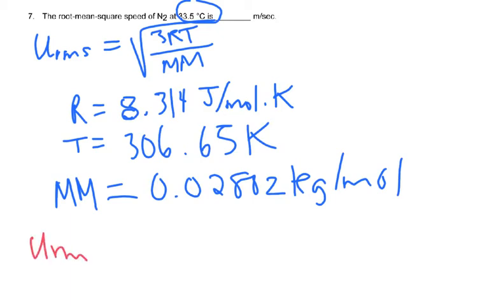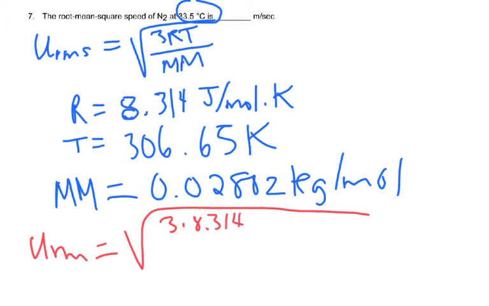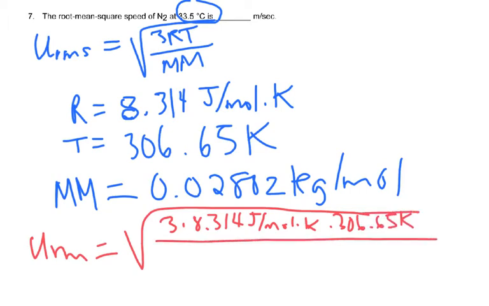So we have the root mean squared is equal to the square root of 3 times R times the temperature, which is 306.65 Kelvin, divided by the molar mass, which is 0.02802 kilograms per mole.